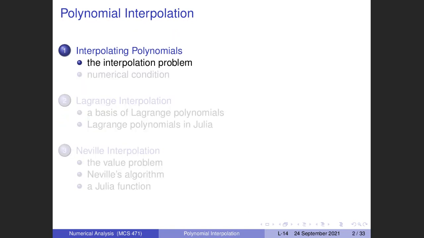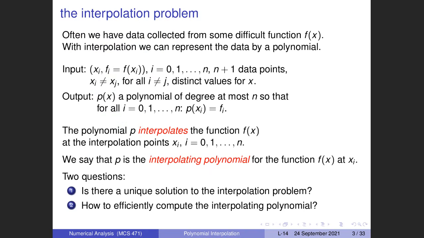So what is the interpolation problem? What we have are data points. The data points could be from the evaluation of some function. What is important is that all data points are actually distinct from each other.